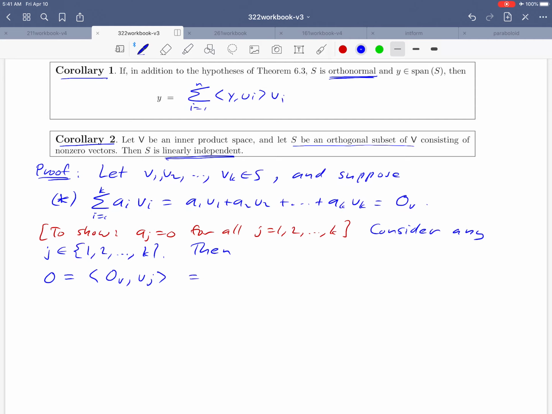Okay, but then we notice that we have a way of writing the 0 vector from equation star. If you go up here, the 0 vector is equal to this summation, so we can make a substitution here. Instead of writing 0v, we can write that sum.